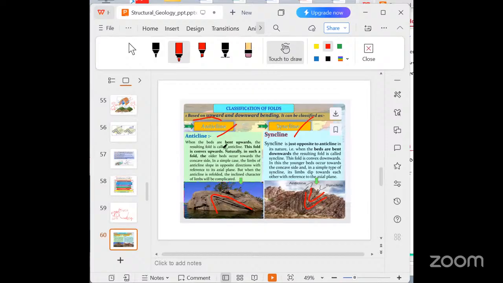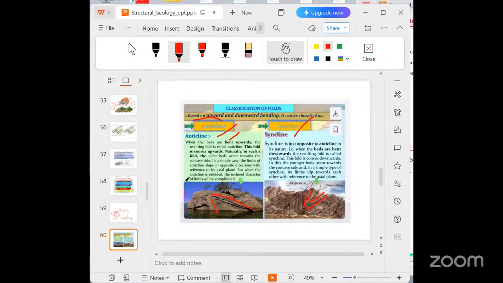When the beds are bent upwards, the resulting fold is called anticline. So this fold is convex upwards. Naturally, in such a fold, the older beds occur towards the concave side. In a simple case, the limbs of an anticline slope in opposite directions with reference to its axial plane.